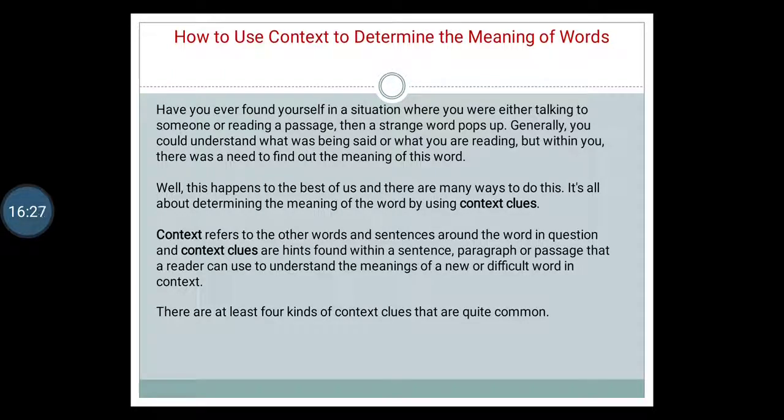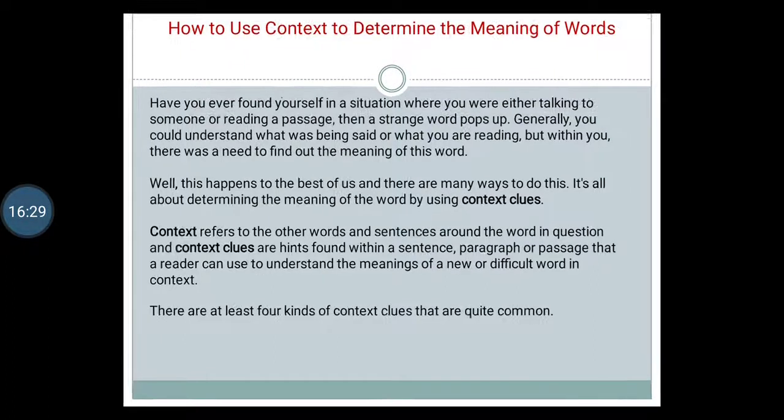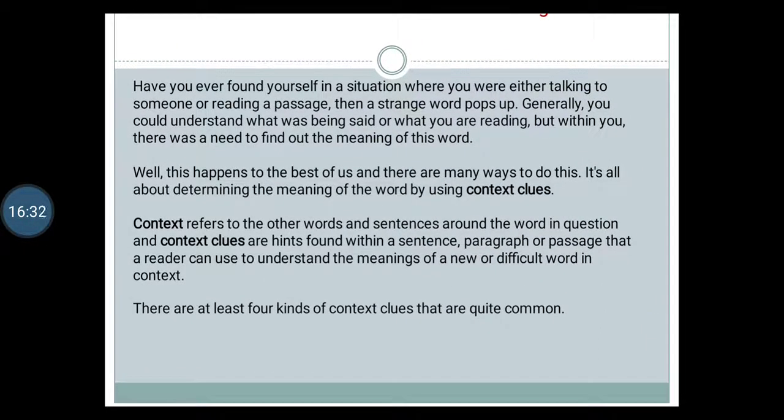Now let's read. Have you ever found yourself in a situation where you were either talking to someone or reading a passage, and then a strange word pops up? You're having a conversation with someone and the person suddenly says a word you don't understand. Or you're reading something and a strange word comes in that you do not understand. You've never seen the word, or even if you've seen it, you do not know the meaning of the word. Generally, you could understand what was being said or what you were reading, but within you, there was a need to find out the meaning of this word.